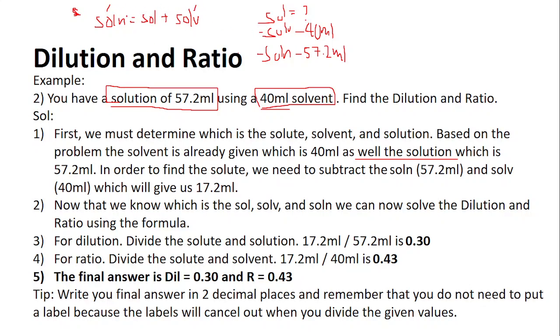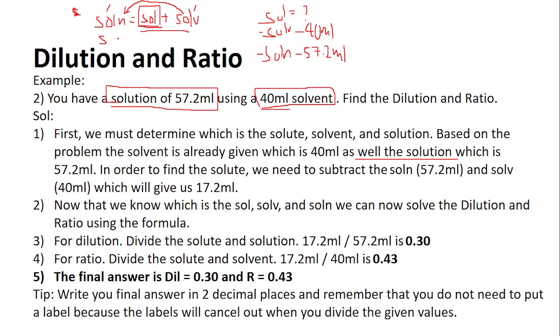So if ma-manipulate natin ang formula, we can get solute. Tandaan ninyo, kung mag-manipulate kayo ng formula, kung ano ang gusto ninyong mahanap, iyon ang ibibilin ninyo. As you can see, solute ang gusto nating malaman. Now, para mahanap siya, ibibilin natin siya sa side na ito ng equation. Si solvent, ililipat natin doon.